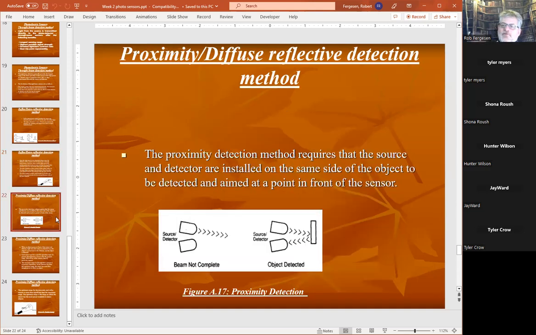So the last kind of system is what they call diffuse or proximity reflective detection. I have a smart enough sensor that, when it sends out a pulse, it's not going to need a mirror or a reflector on the other side. It's going to bounce off of anything with color. And so it'll tell if that thing has reached close by to it, or that a certain color has been put in front of it.